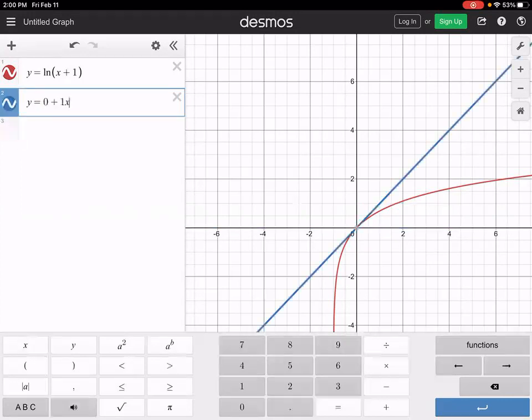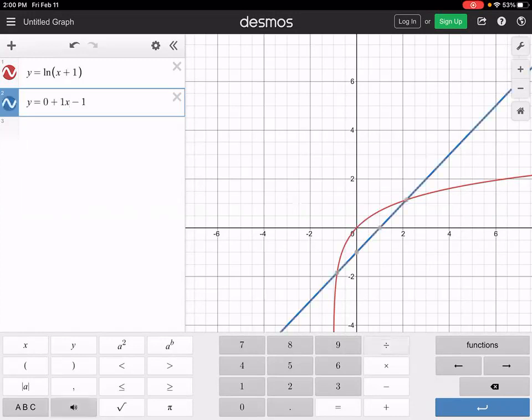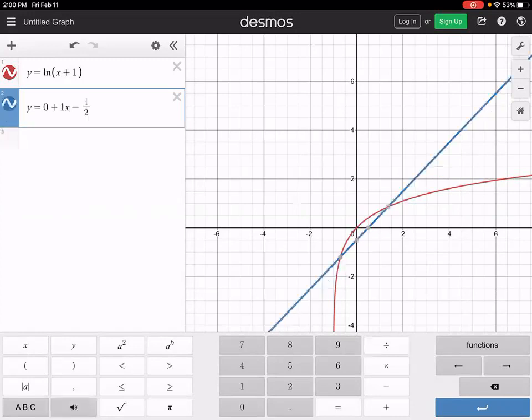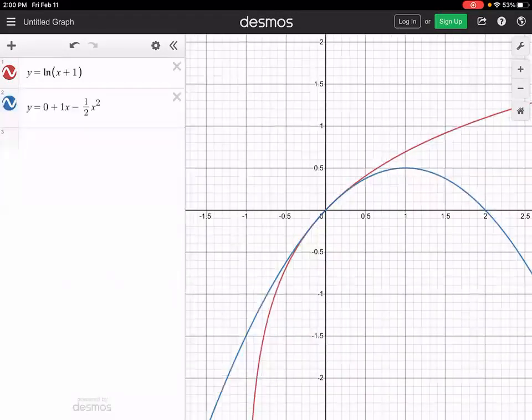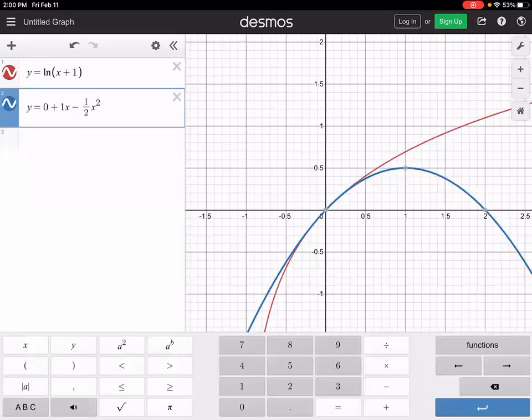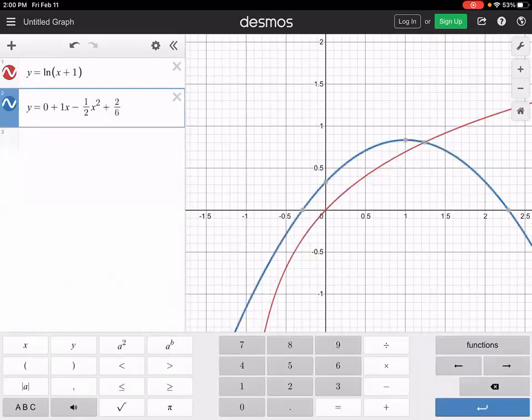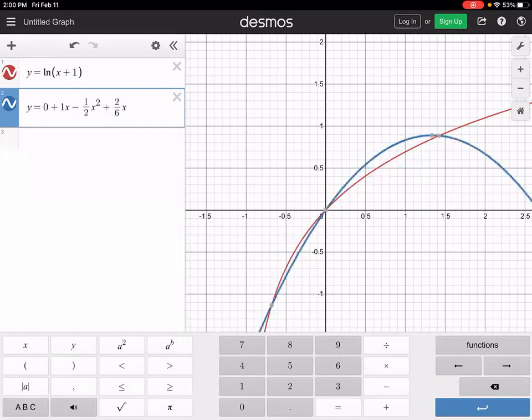Ooh, that got closer. Minus 1/2 x squared. Plus 2/6 x cubed.